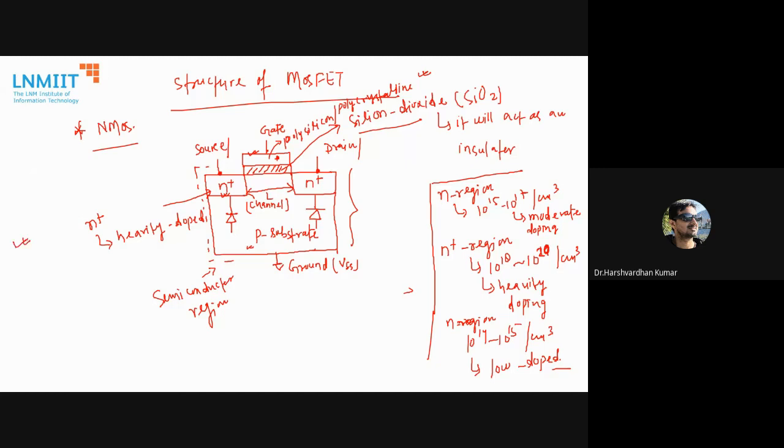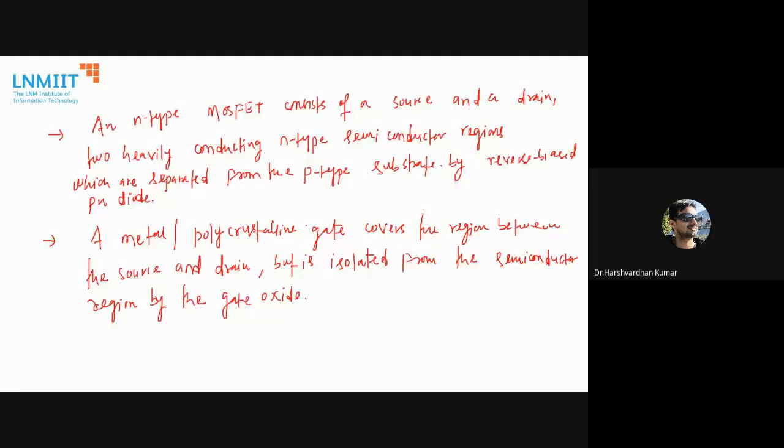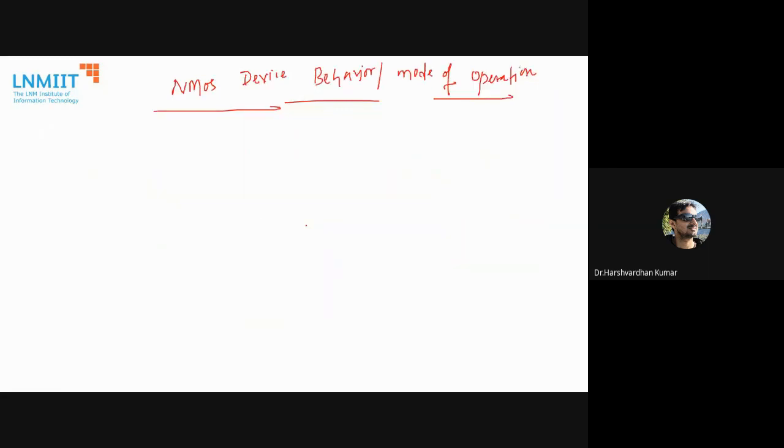If in the exam I ask you to draw and explain the structure of PMOS, can you? In PMOS, the N plus region is replaced by P plus, and the P substrate is replaced by an N substrate. It is very easy, you just have to understand. Now we will study the NMOS device behavior.